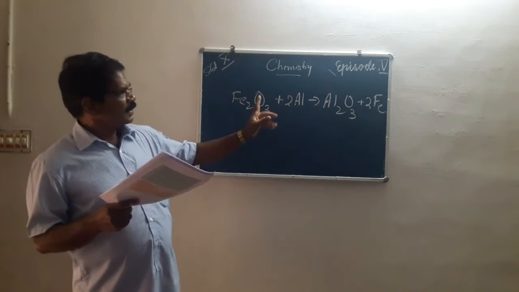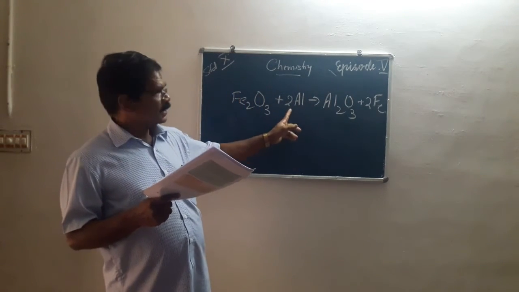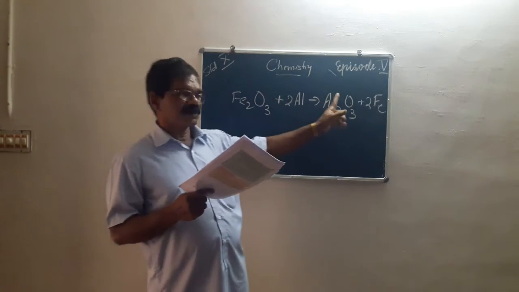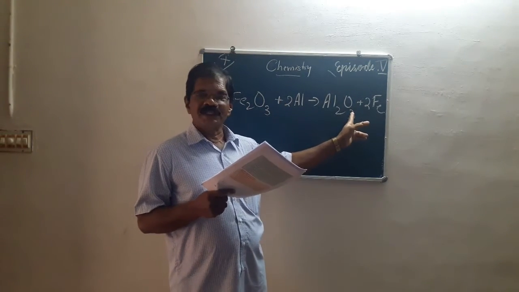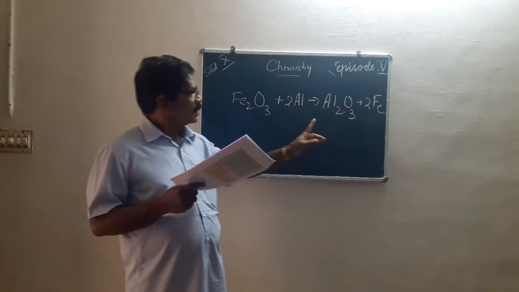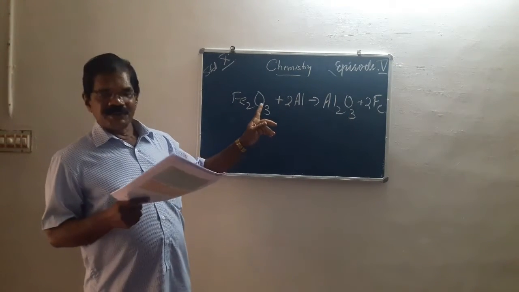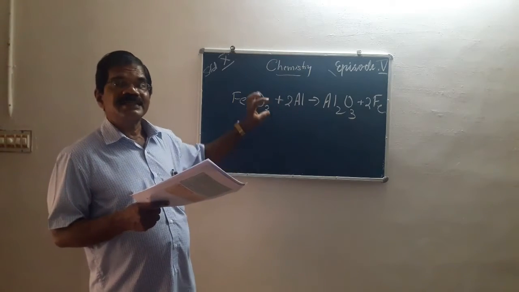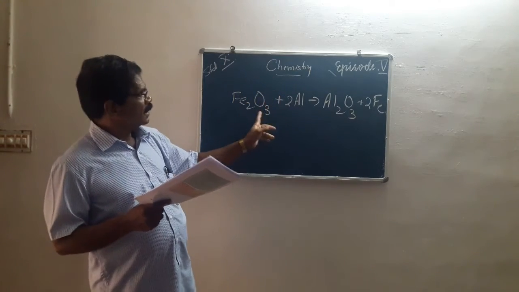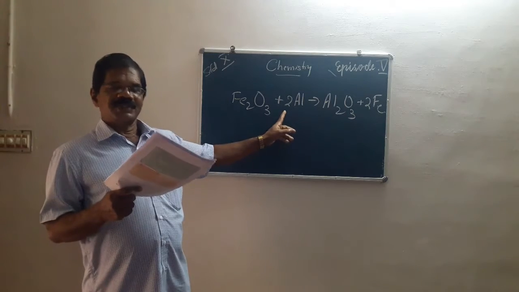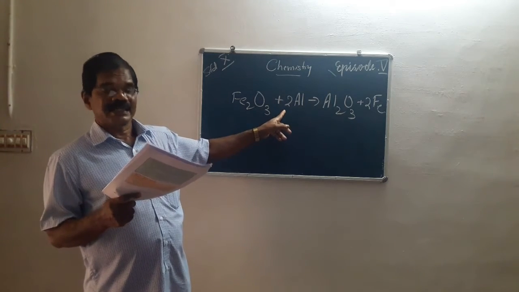In a combination reaction, two reactants give only one product. So this is not a combination reaction because there are two products. Is this a decomposition reaction? In a decomposition reaction there is one reactant, but here there are two reactants. So this is not a decomposition reaction.